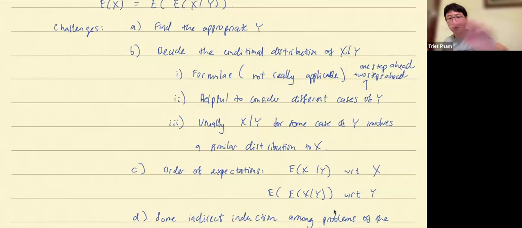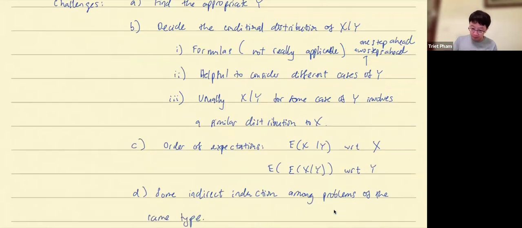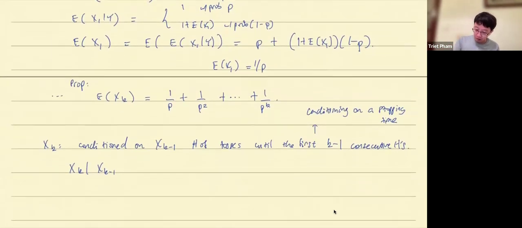How can you do so? The reason is simple, because once you know what the value of Y is, then you can say, with that value, what's going to happen 1 step ahead, 2 steps ahead. So here, when you condition on the number of tosses until the first k minus 1 heads, then clearly it can be that value plus 1, because if you have k minus 1 consecutive heads, then you will get k consecutive heads with probability p.